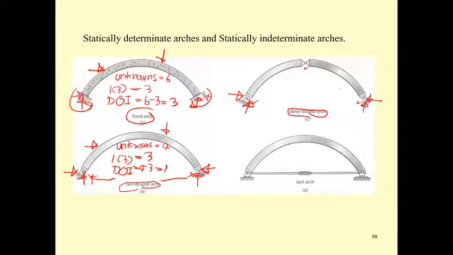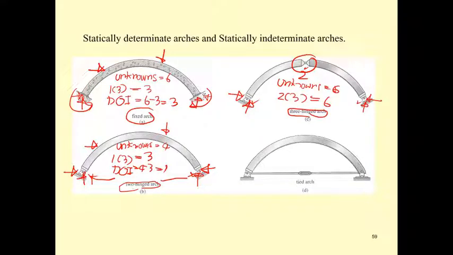And since it has the hinge, it is going to have 2 internal forces also, because the hinge cannot resist the moment. So if we consider the hinge arch to be 2 parts, we have unknowns equal to 6, and for the degrees of freedom we have 2 parts times 3 equations of equilibrium.